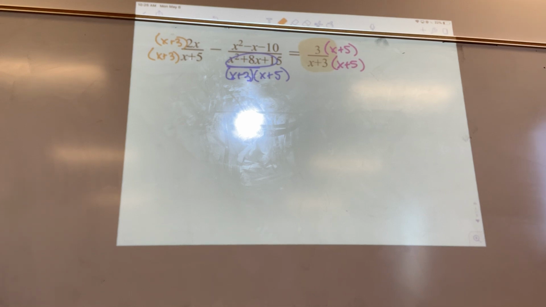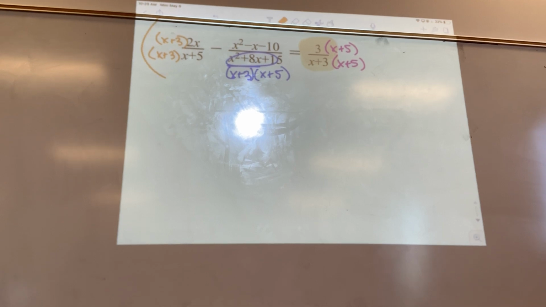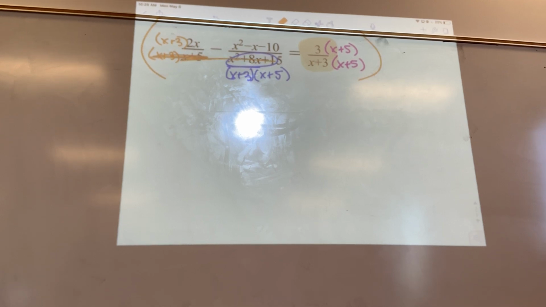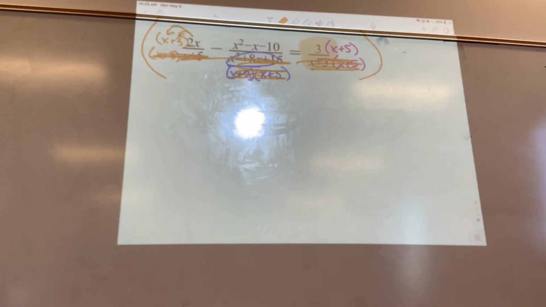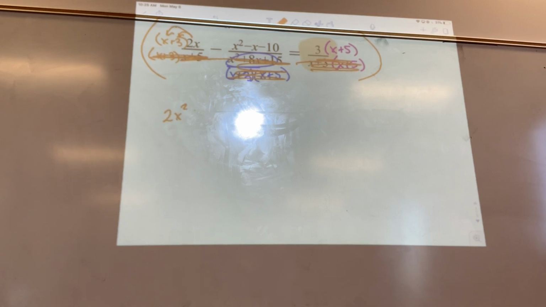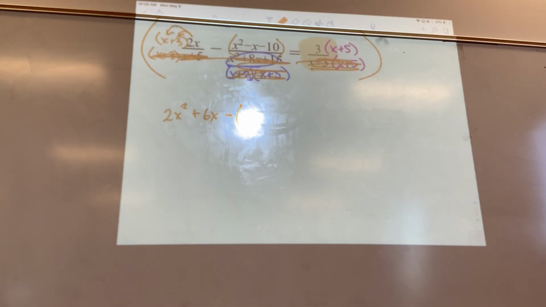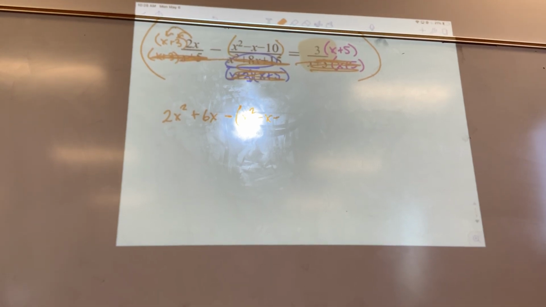Okay. Then what? We cancel the denominators out by multiplying them on each side, and that's gonna cancel all of them out, right? So now I'm gonna distribute, I'd have 2x squared plus 6x minus everything here. So I'd have x squared minus x minus 10.